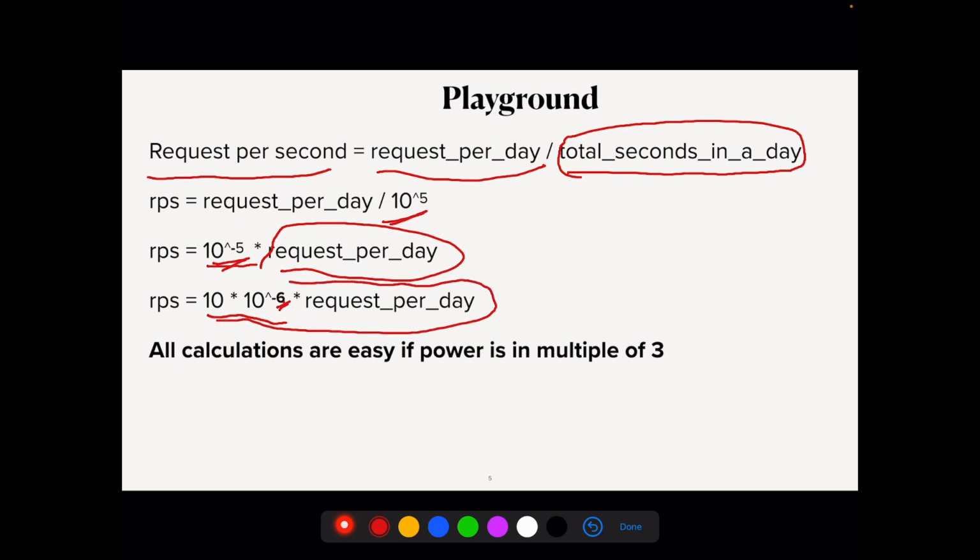We are going to use this base formula for calculating requests per second for any instances. As I previously mentioned, since multiples of 3 make life easy, we are going to transform this formula. And I will show you a few examples of how it makes life easy.